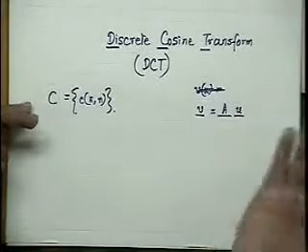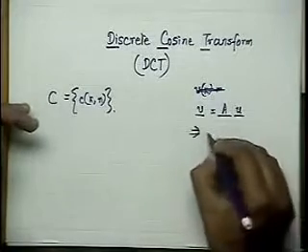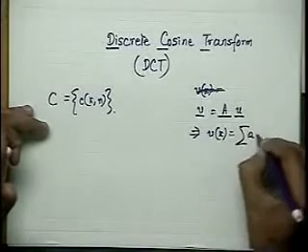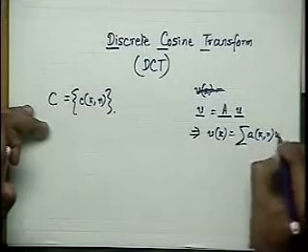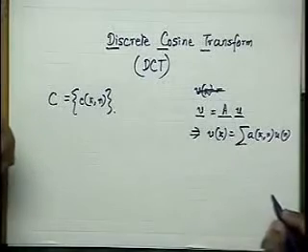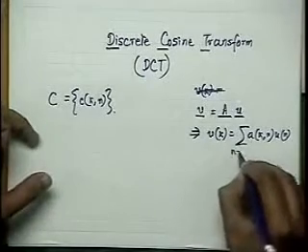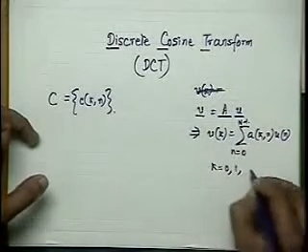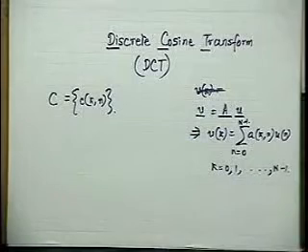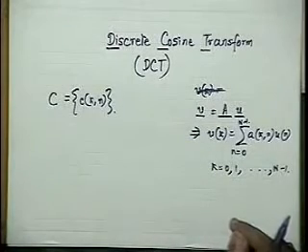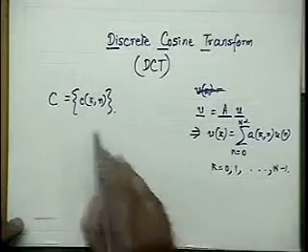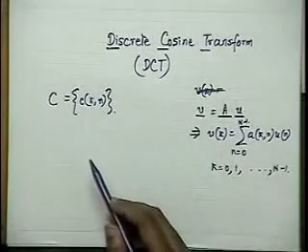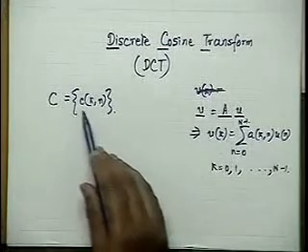Or I was writing this as V_k equal to summation of A_kn U_n, for n equal to 0 to N minus 1, and this was defined for k equal to 0, 1, etc., up to N minus 1. This was my original expression. Now for the elements of this transformation matrix, instead of calling it A, I am calling it C, just because it is a cosine transformation, I indicate it by C.